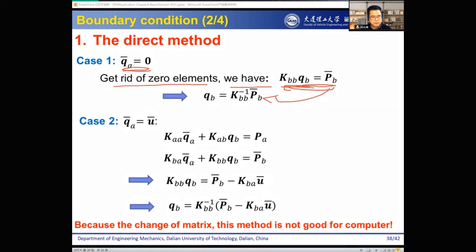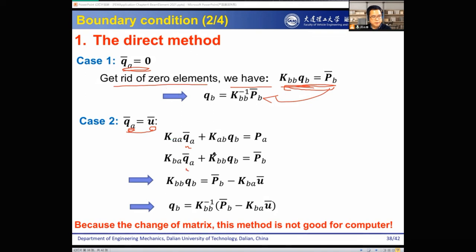And in the second case, we have the given displacement for certain nodes, which means we know the QA. So we use the direct method.